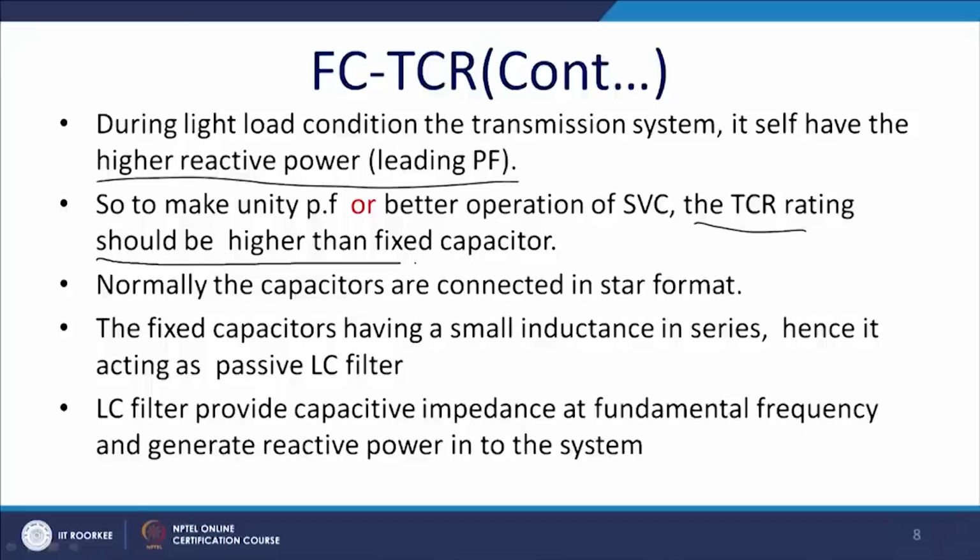This is one of the major disadvantages of this fixed capacitor TCR. Normally, these capacitors are connected in star format. The fixed capacitor has a small inductor in series, and hence it also acts as a passive filter to wipe out a particular dominant harmonic, let us say 5th or 7th, in the 3-phase 3-wire system. The LC filter also provides capacitive impedance at fundamental frequency and supplies reactive power into the system.